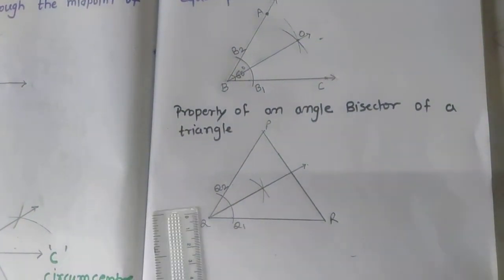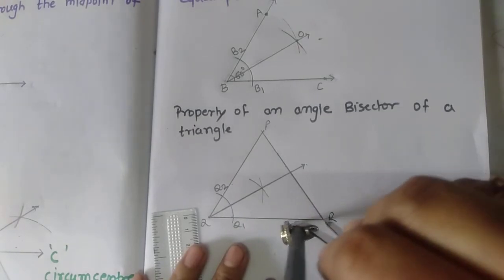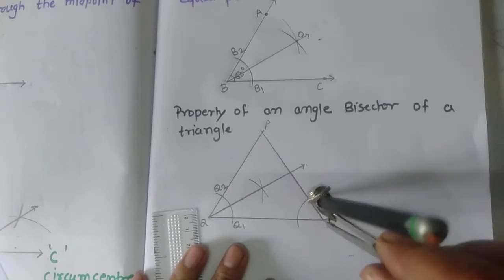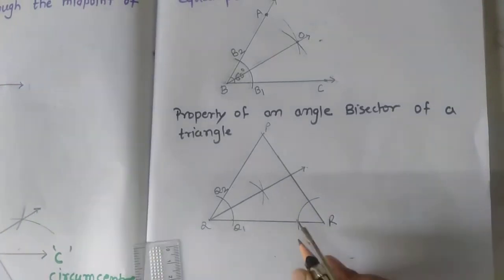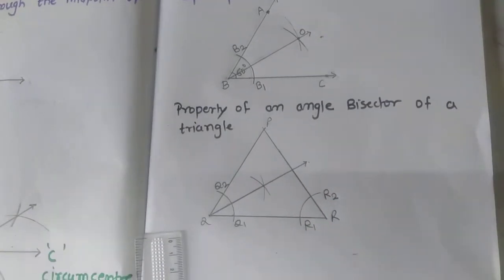Now again draw the arc of a small distance from R and give the labels here, R1 and R2.